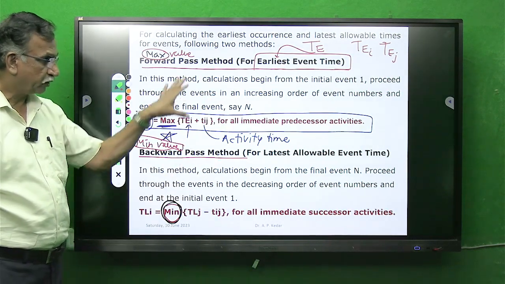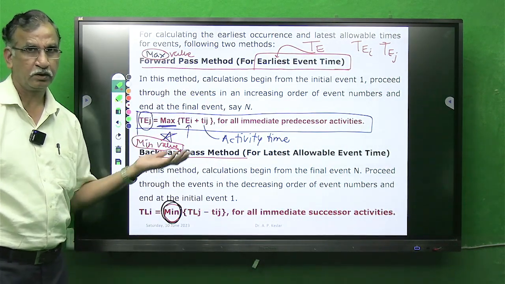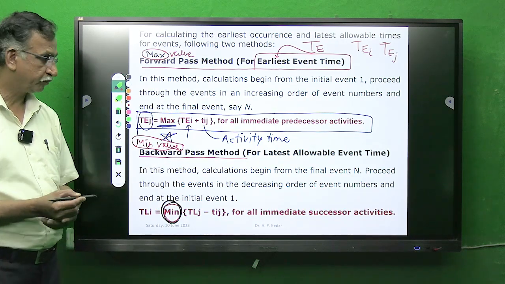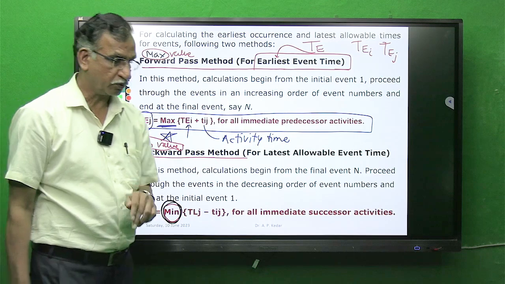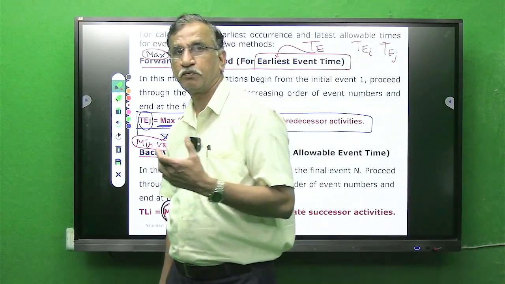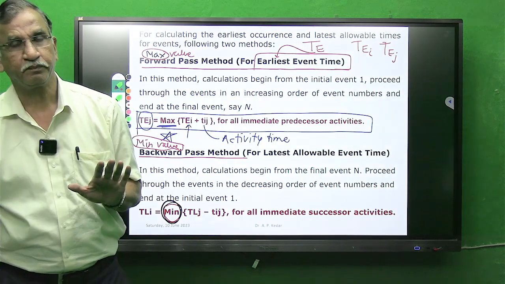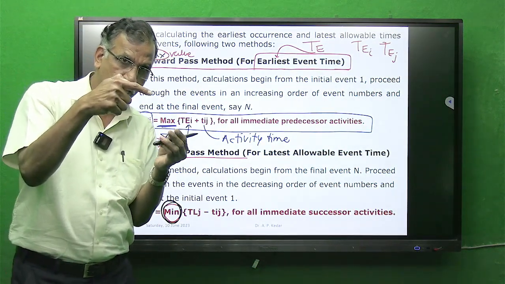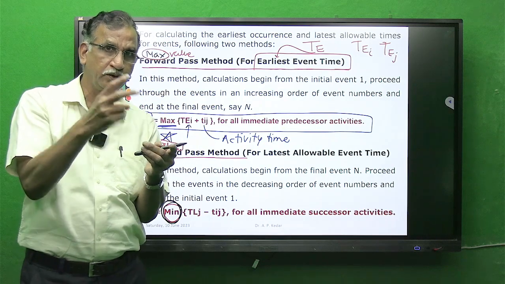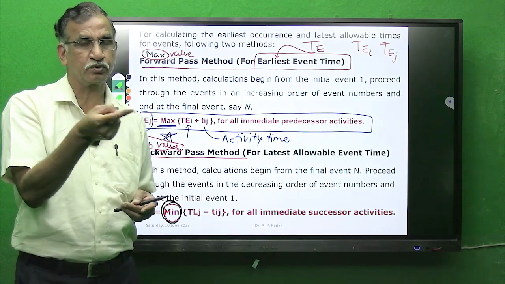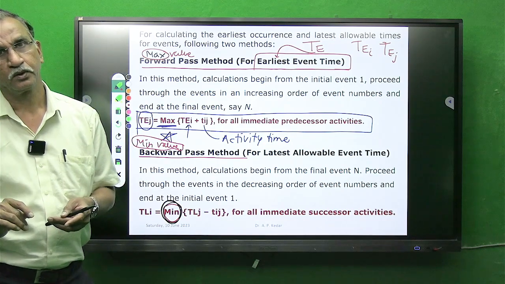Again, I will explain this concept while finding these values in an actual problem. So, two types of calculation: forward pass and backward pass. In forward pass, maximum time. Wherever more than one arrow terminates into the event, you will get more than one time, and in forward pass you have to select the maximum time.